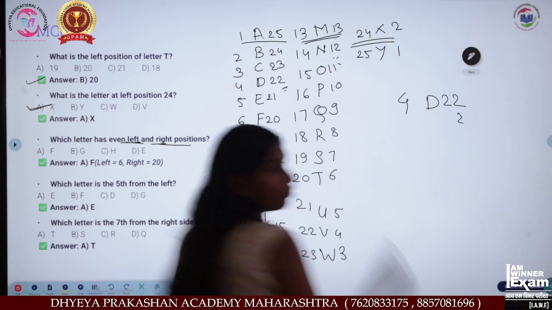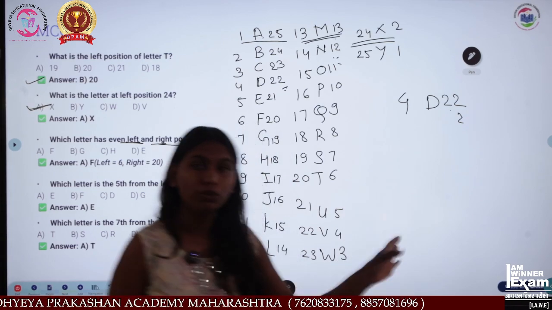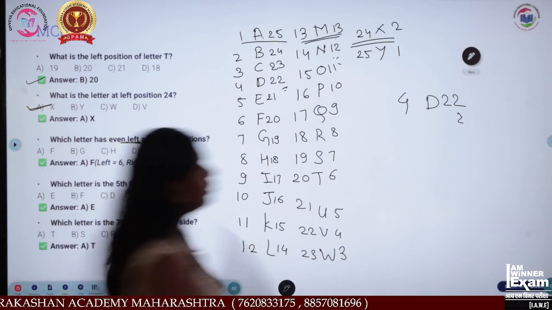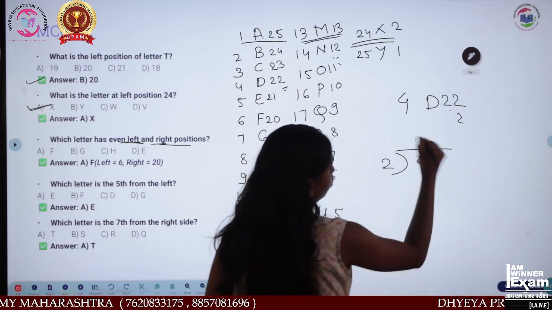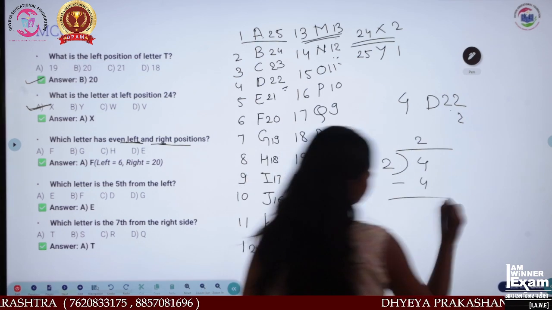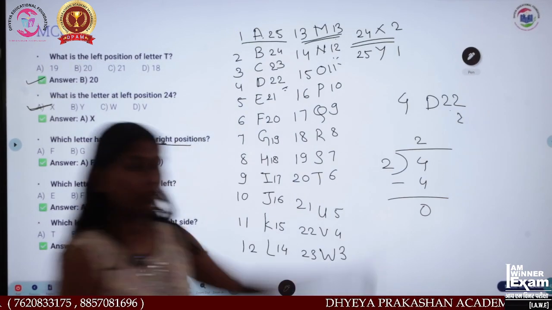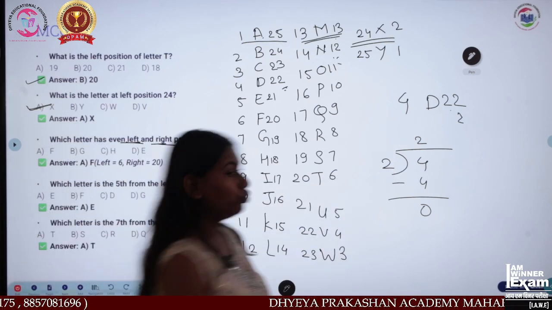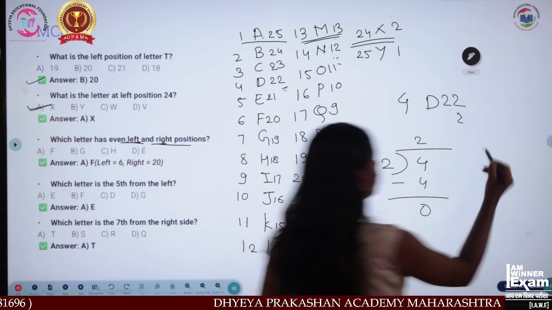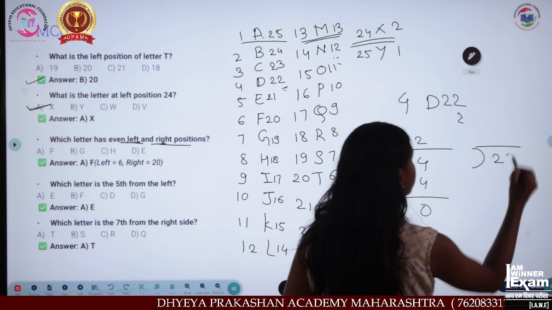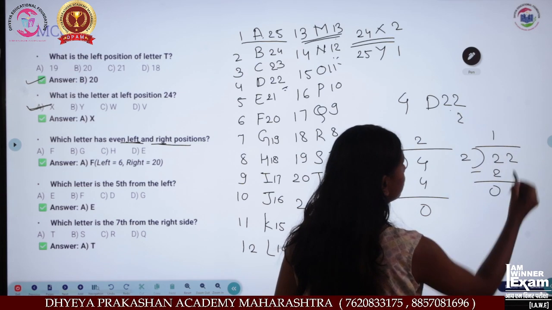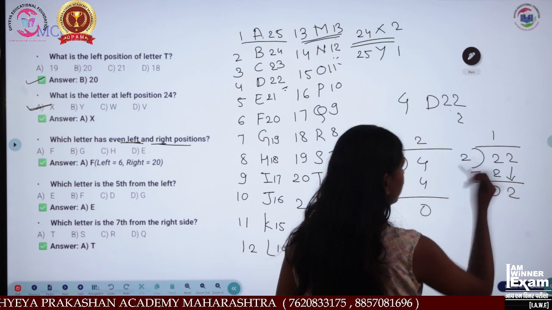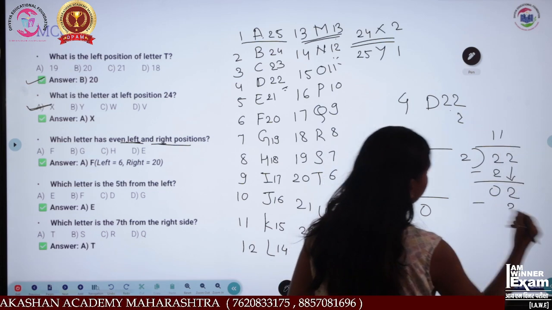Now here 4 is divisible by 2 and 22 is also divisible by 2. Let's check. 2 twos are 4, so 4 got divided by 2. Let's check about the 22 also. 2 ones are 2, this 2 comes down. Then again 2 ones are 2.